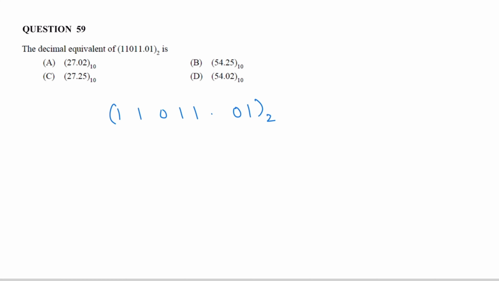On the left hand side of the radix point, multiply each digit by 2 raised to the power of its position: 2 power 0, 2 power 1, 2 square, 2 cube, 2 power 4. After the radix point, it is divided: 1 by 2 power 1, that is 2 power minus 1, 2 power minus 2. Now the equivalent is 16 plus 8 plus 0 plus 2 plus 1, plus 0, plus 1 by 4.